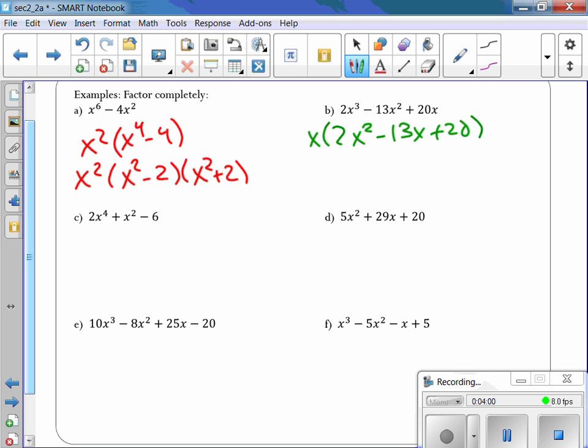Absolutely. Use your crisscross. Use any method you want, but the one that you guys probably learned with was the crisscross method, where we just take the factors of our first term, so my 2x and my x, and then we take the factors of that last term, the 20. So here with the 20, all sorts of options, right? 20 and 1, 2 and 10, 4 and 5.